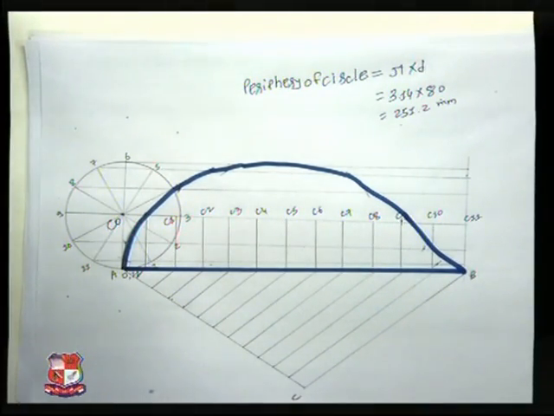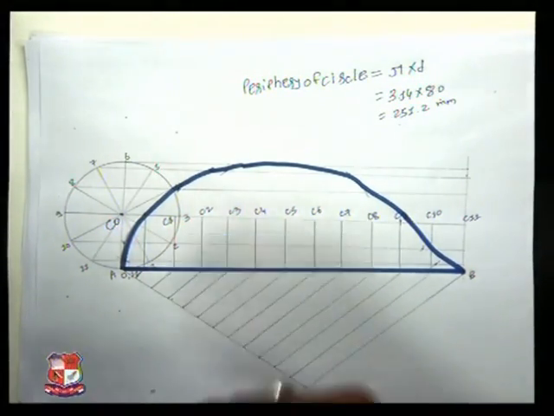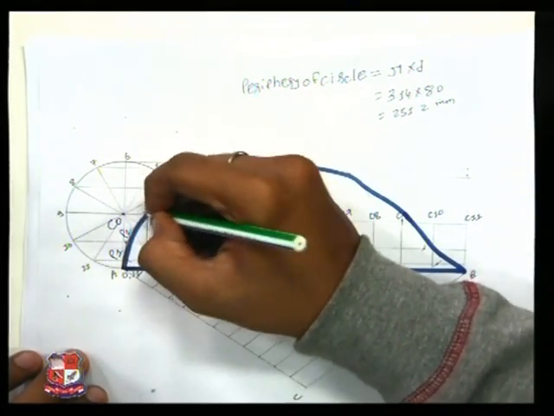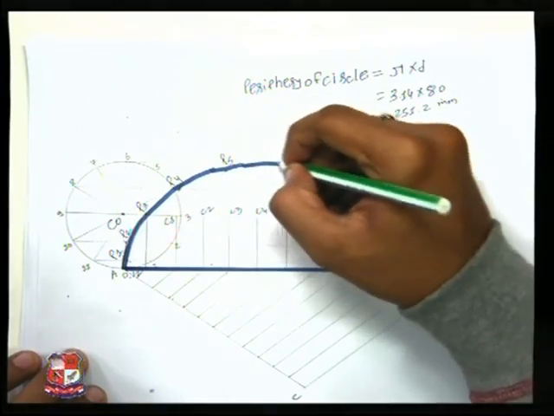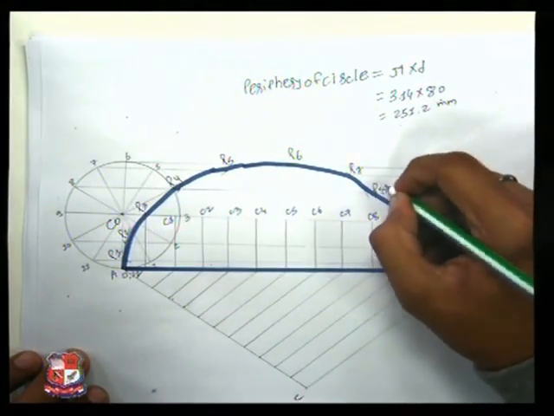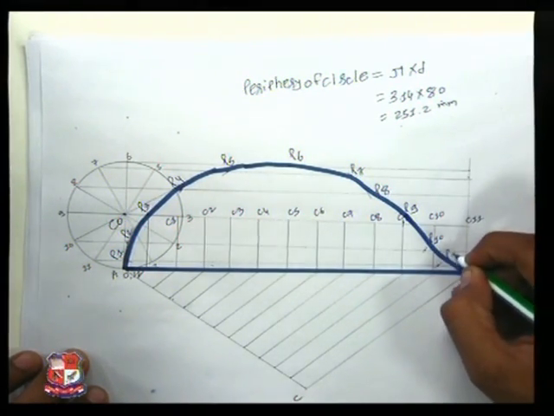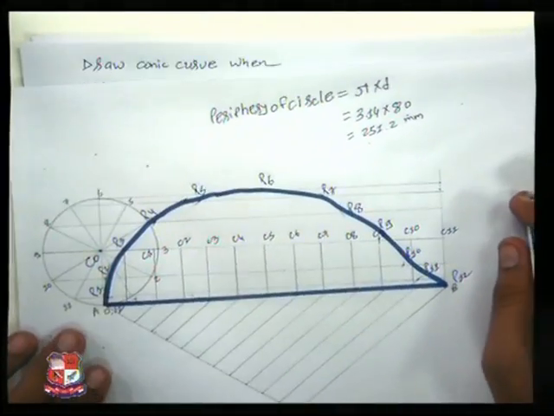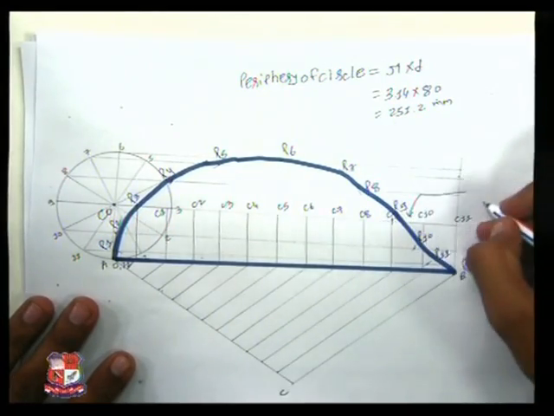Join the periphery line also, and this is how you can trace your cycloid. Give the nomenclature to the same: P1, P2, till P11 and P12. Don't forget to give the nomenclature also.